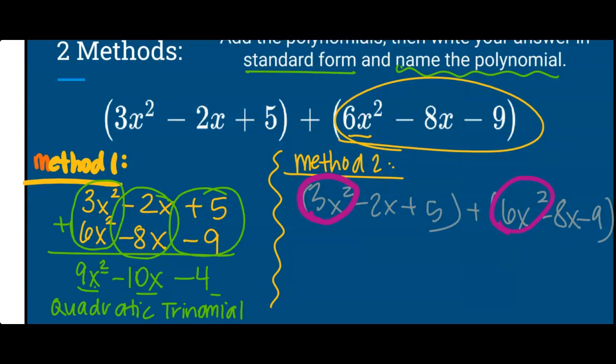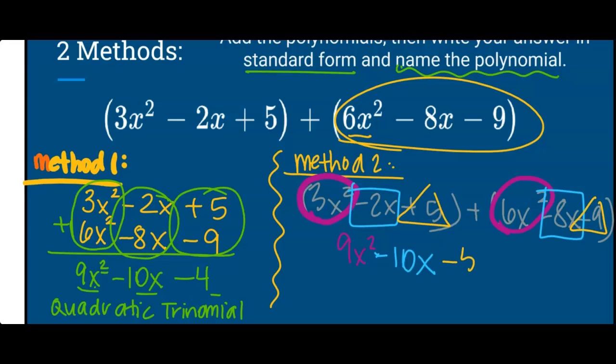And so I'm going to do those in purple. So I get 3x squared plus 6x squared is my 9x squared. Then I'm going to use a different color. So I'm going to use blue. And I'm going to say, okay, now I have negative 2x and negative 8x. And I'm actually using shapes and colors because you could also just do this with different shapes for each one. And then I'm going to use yellow, and I'm going to say positive 5 and negative 9. So that's negative 4. So you're going to get the same answer.